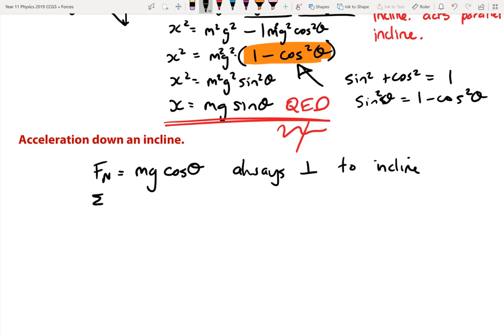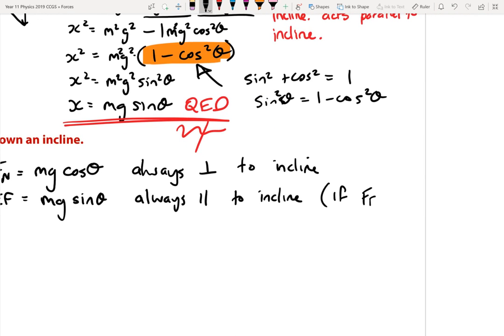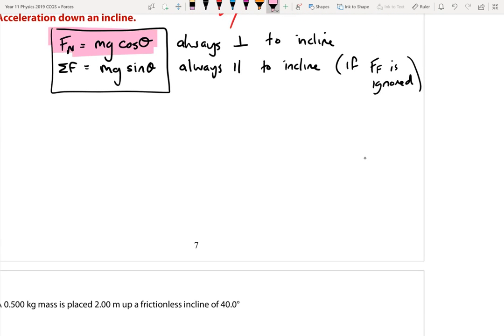And then your net force is mg sine theta, and it is always parallel to the incline. For now, we will just ignore friction. Okay? So those are the two things that I need you to take away from this lesson. The net force simplifies to something very elegant.